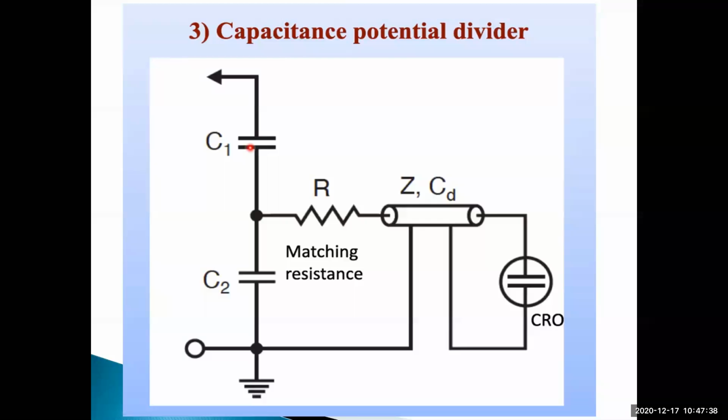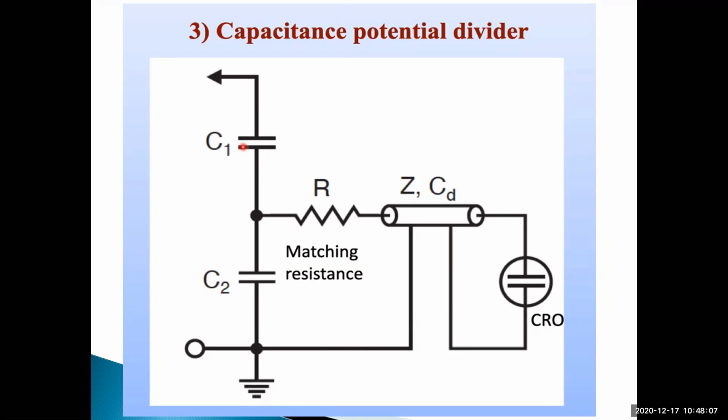In the previous case we used resistance. Because of that, the high voltage appears across the resistance R1 only, so we can easily measure the low voltage across R2 using the CRO. In a similar way here, C1 is not only one capacitor but a number of capacitors connected in series, and the equivalent capacitance is called C1.